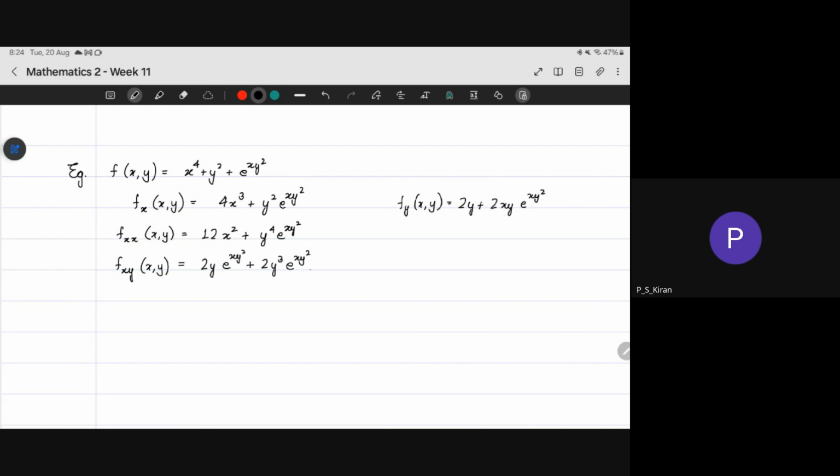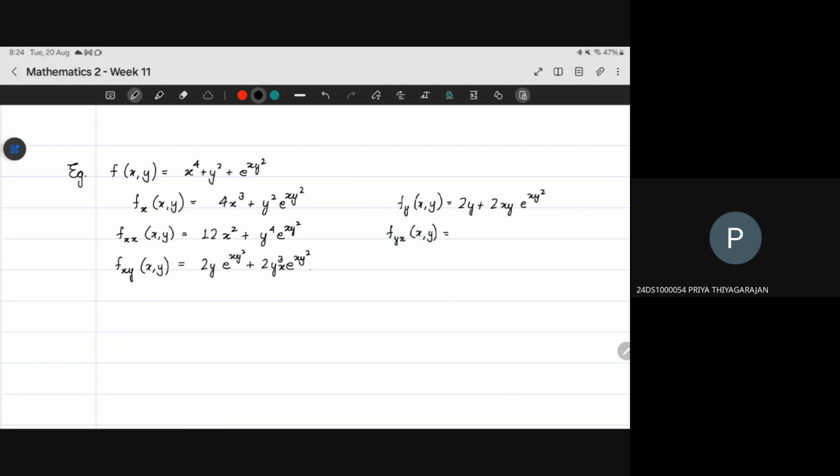There must be some x missing. Right? Is this correct? Yeah, it should be correct.